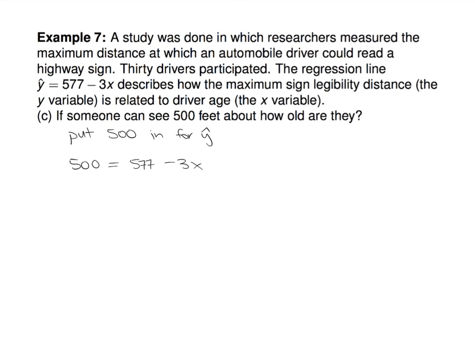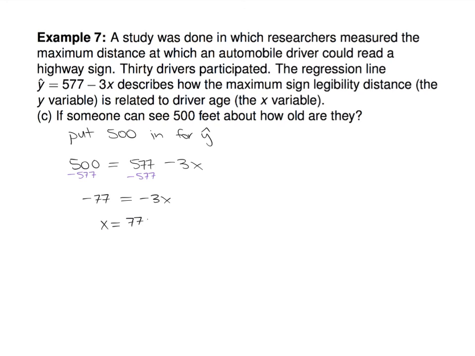Solve that for x, so take away 577 from both sides of the equation. And then we have minus 77 equals minus 3x. And if you divide by -3, you have 77 over 3.